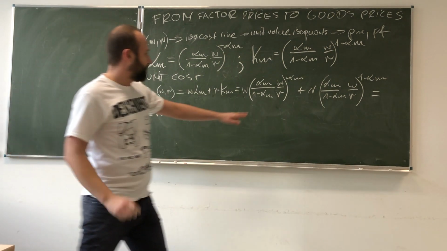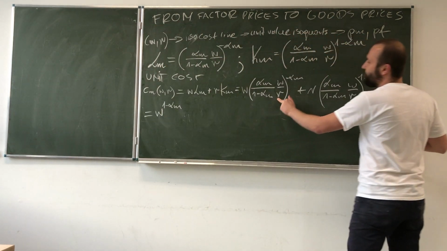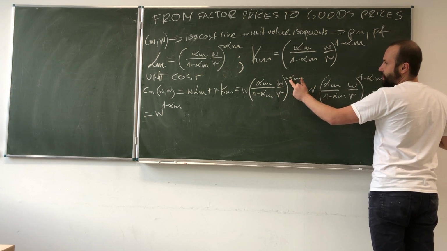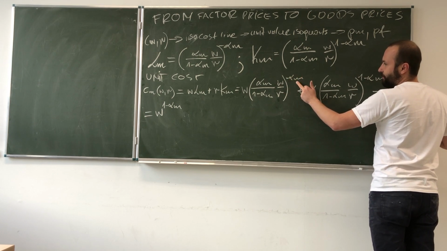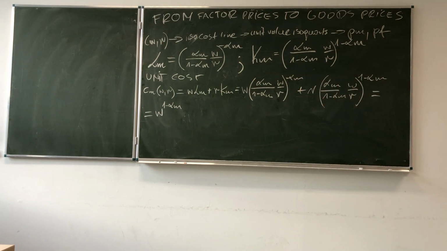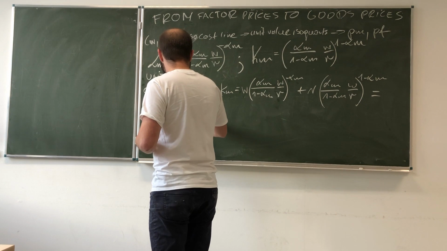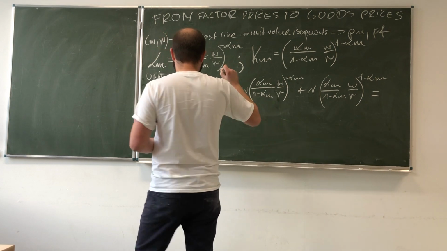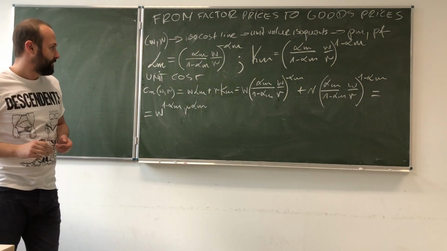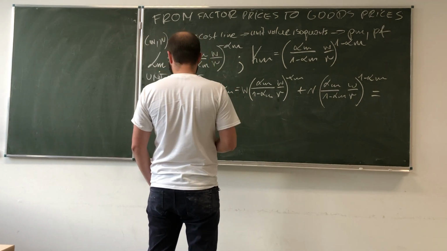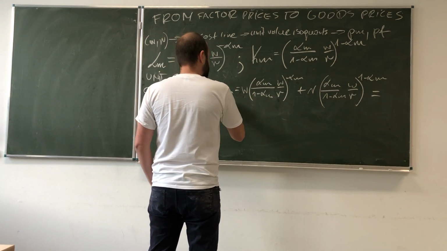Then I have here r to the power negative 1 taken to the power negative alpha_m. So in this case I multiply the powers and I get that this is r to the power alpha_m. And then let's leave the rest the way it is.